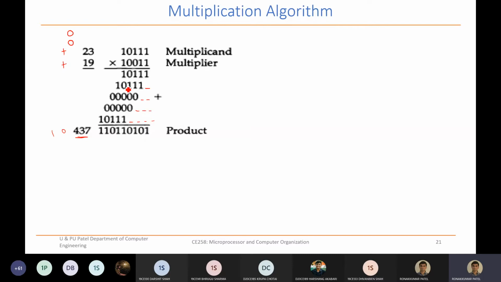The copied number in each successive line is shifted one position to the left with respect to the previous number. Finally the numbers are added and the sum is your product.